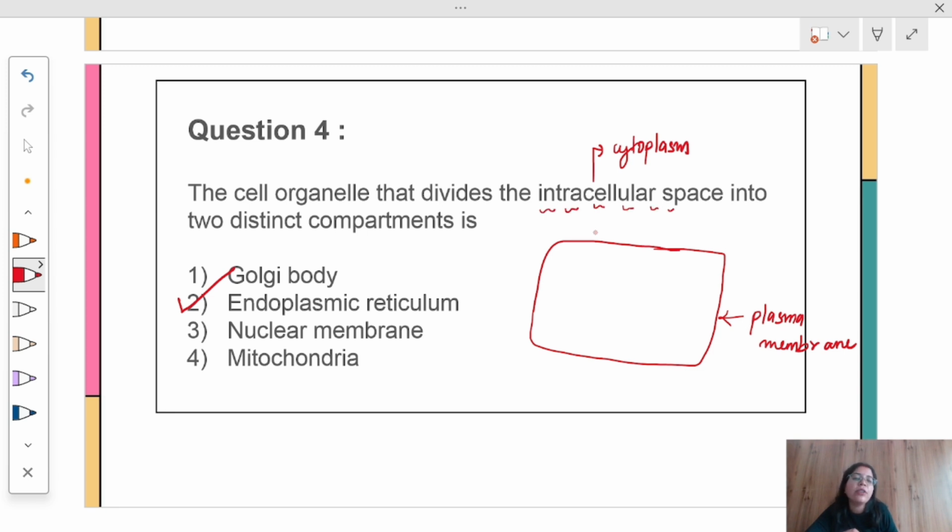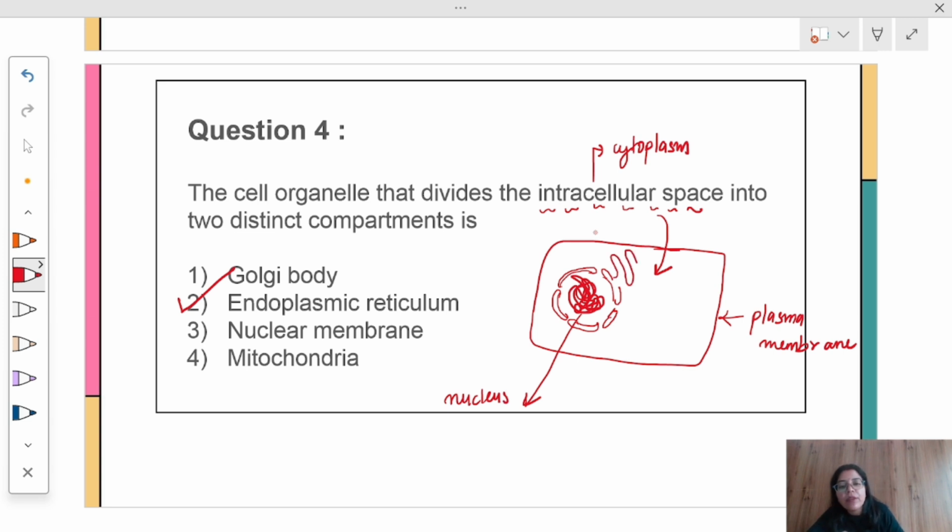If you want to make any kind of cell organelle here, you will be using the same plasma membrane to create that compartment. The cell has made different cell organelles in this manner only. You know very well our genetic material is present inside in the form of chromatin. This cell organelle is called the nucleus.